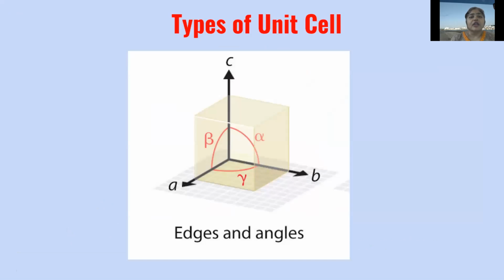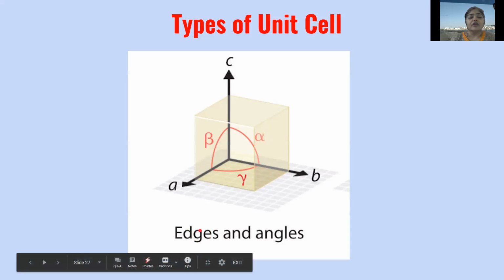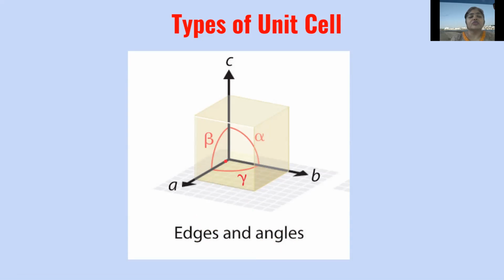Now, there can be various types of unit cells. To determine the types of unit cells, we need to understand that there are two parameters that define a unit cell. One is the edges and the other one is the angles between the edges. So, if I were to imagine that unit cell on the X, Y, and Z axis, then I can assume that the edges lie on the three axes.